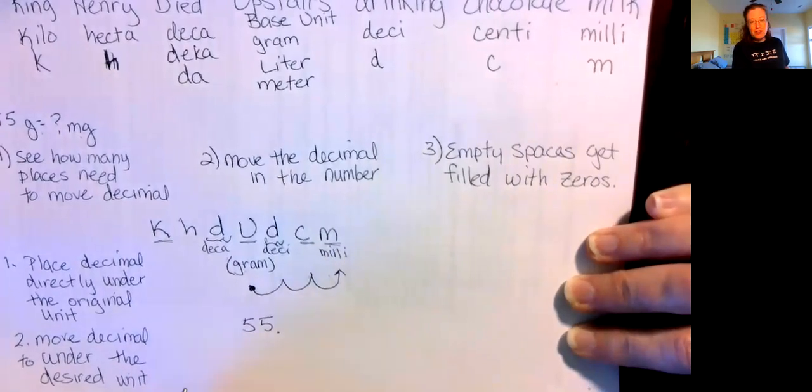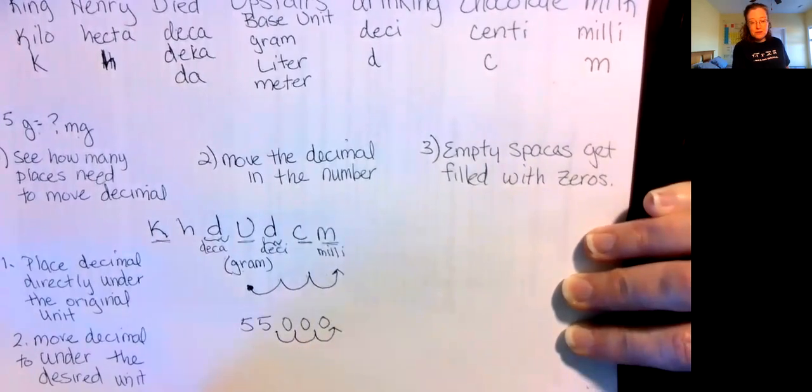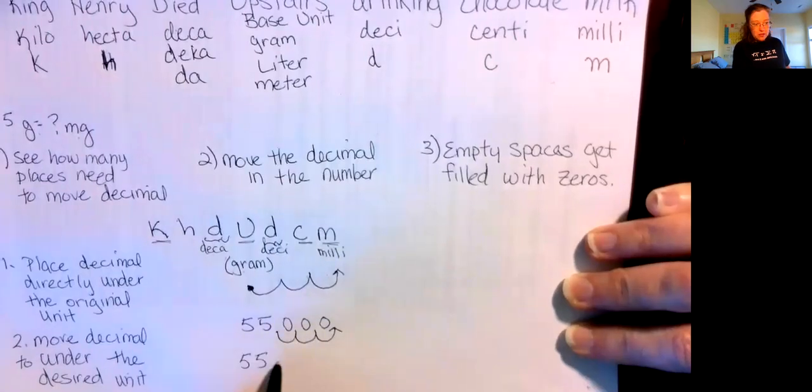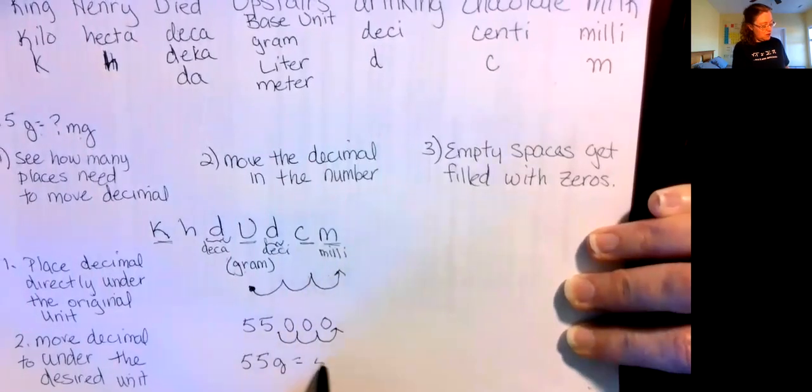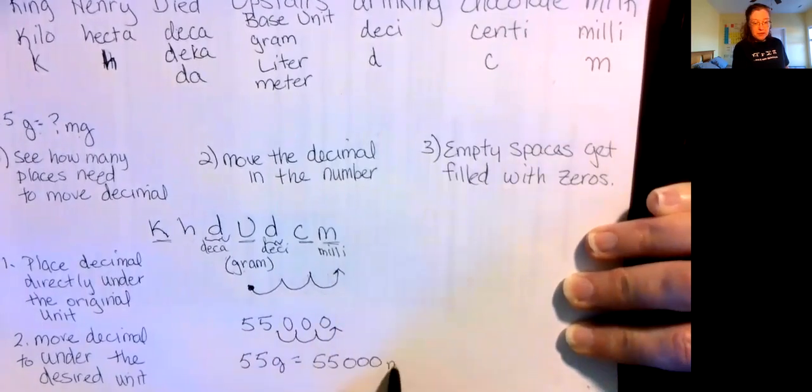So I'm going to start there. And I'm also going to move it 1, 2, 3 places to the right. I'm going to fill in all those extra places with zeros. That tells me that 55 grams is the same as 55 with 3 zeros milligrams.